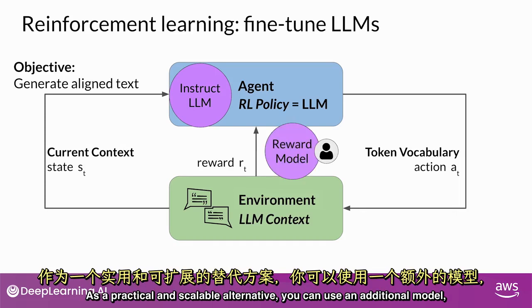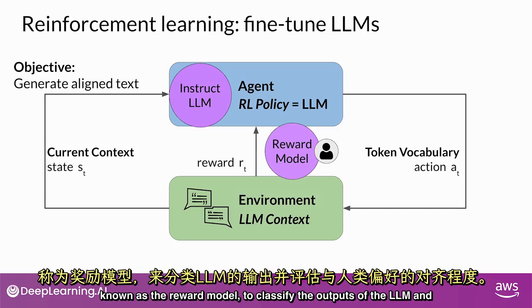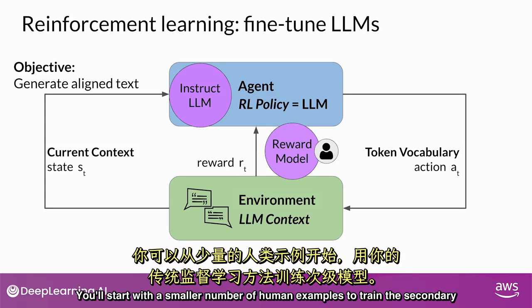As a practical and scalable alternative, you can use an additional model known as the reward model to classify the outputs of the LLM and evaluate the degree of alignment with human preferences. You'll start with a smaller number of human examples to train this secondary model via traditional supervised learning methods.